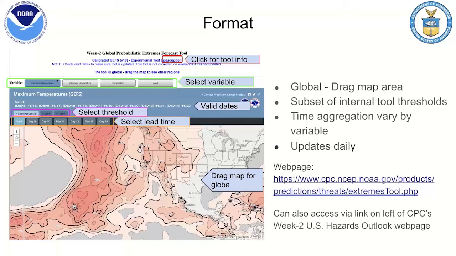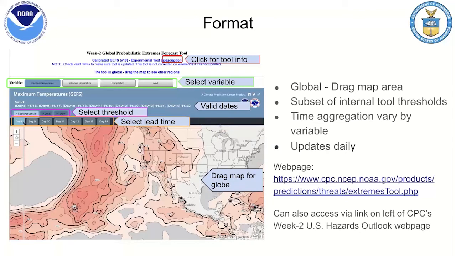Underneath that, you can see a couple of buttons. Each of these 4 buttons represents a different variable, so you can select the variable. Below that, you can see the valid dates as well as the lead day. And then you can also select your threshold here. So you can see the greater than 85th percentile, 90, and 100 degrees Fahrenheit here.